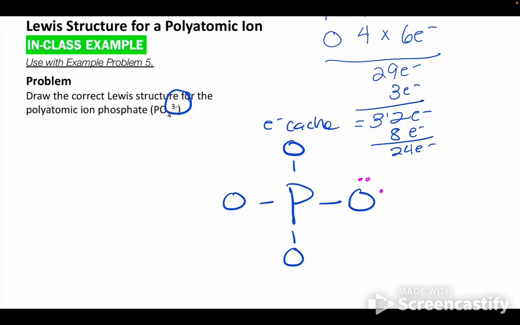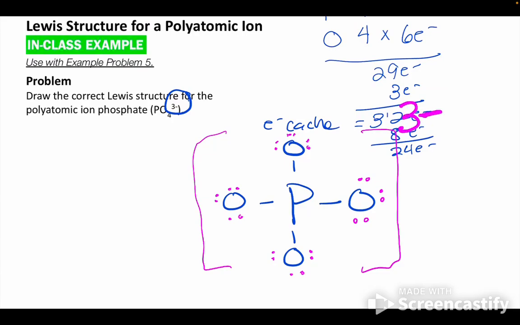So 2, 4, 6, 8, 10, 12, 14, 16, 18, 20, 22, 24. So it worked out. Everyone has 8. The additional step is that you write the brackets around it and then also the charge. So -3 would still go as a superscript.